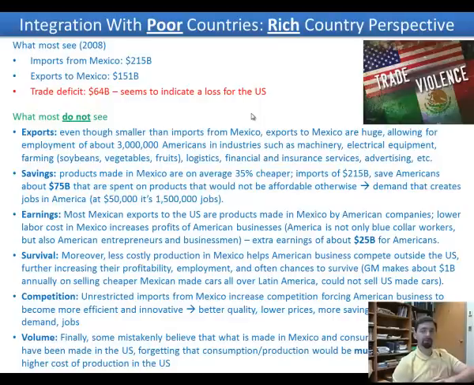Also, what many people don't recognize is that American companies make a lot more money because now they can make their products in Mexico. Again, different estimates show that roughly $25 billion extra are made by American companies in profits due to cheaper production cost in Mexico.